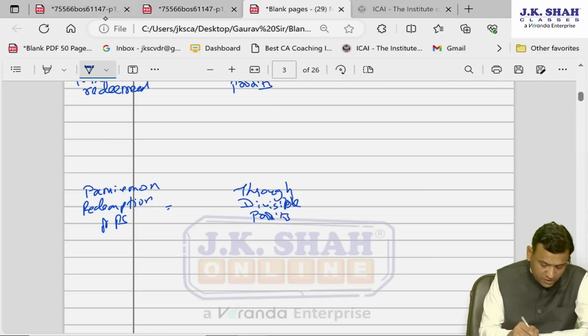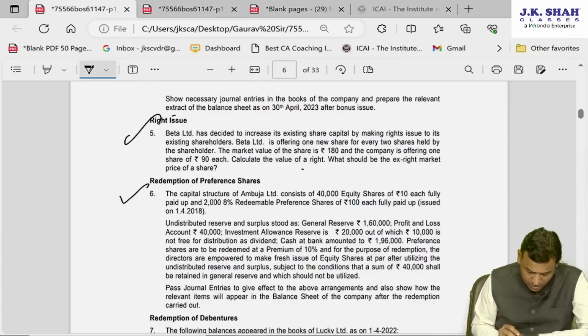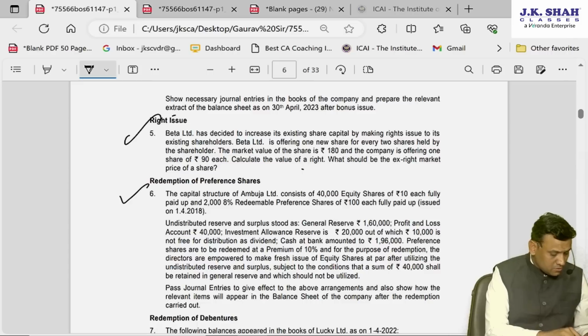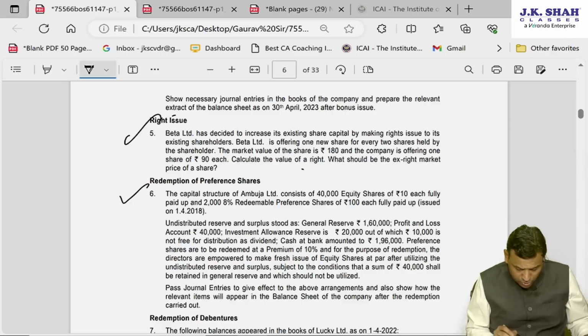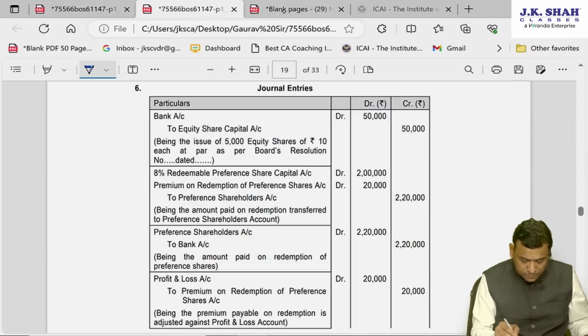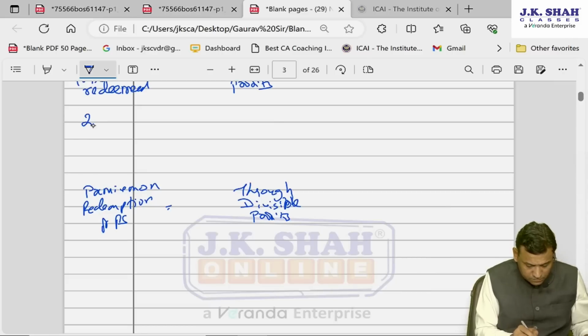Now my dear students, if you look properly, question, your preference shares are 2,000 into 100. So 2,000 into 100, that is 2 lakh, and you are going to redeem it at 10% premium. So this is 2 lakhs.